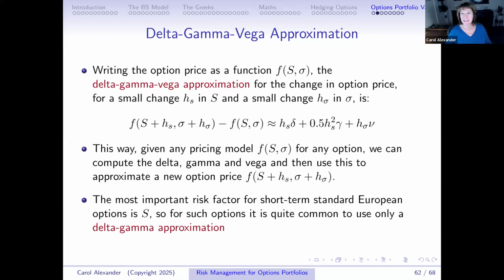So you don't need that second order quadratic approximation really on the volatility side. But anyway, when it's short, and that means vega is small, vega is much bigger for longer options, then delta gamma approximations are quite common. And that's what we're going to use in our example.